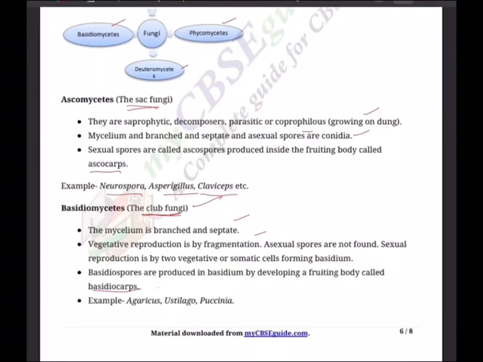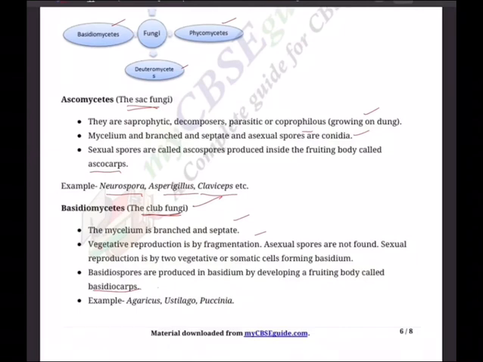Here, what is most important is symbiosis, symbionts. It is an association of algae and fungi, and you must remember that algae provide food, being photosynthetic, and fungi give protection to the algae. This sort of mutual help between the two organisms is called symbiosis.